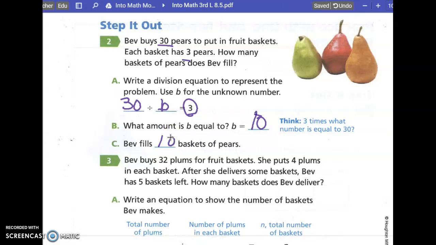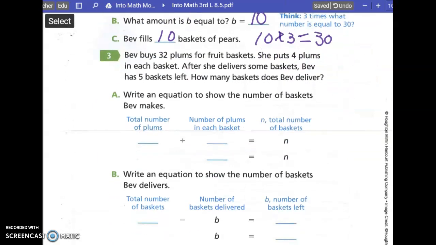Now, if I wanted to check that, what could I do? You could multiply. Right, I could multiply. I could say 10 times 3 equals 30.